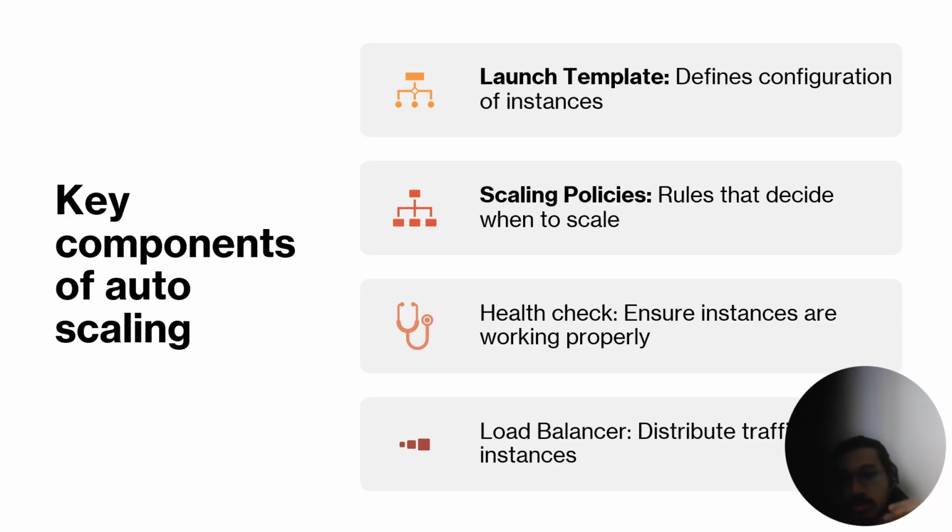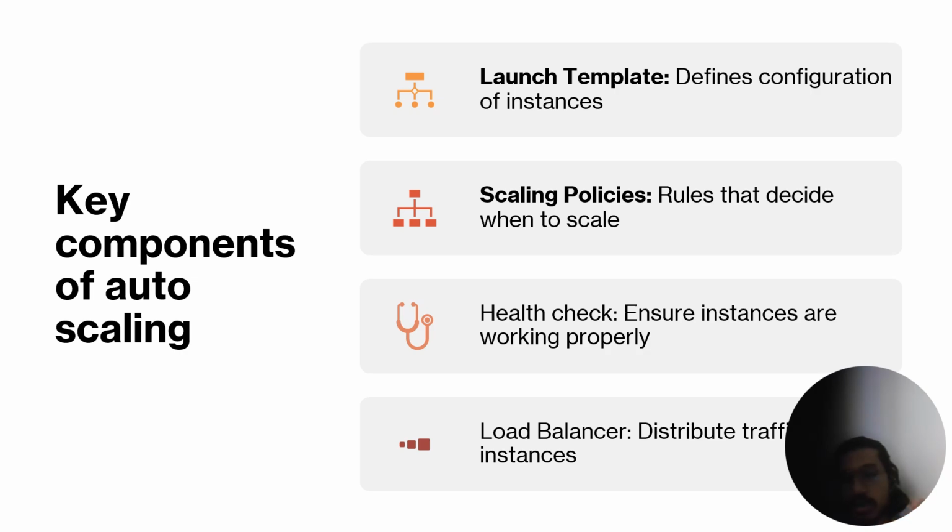So what do scaling policies do? Scaling policies decide when to add or remove instances. For example, if CPU is higher than 70% for 5 minutes, then it will automatically add instances. So what does health check mean? Health check monitors the instances' status, and the load balancer evenly distributes users' traffic among the healthy instances.